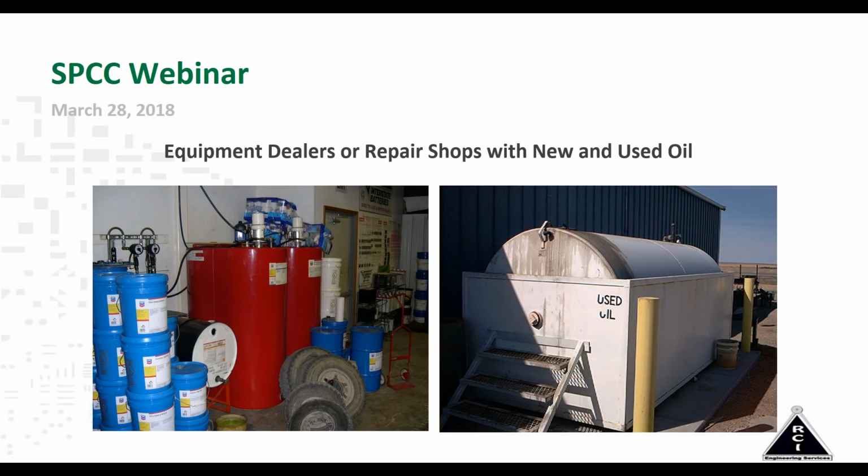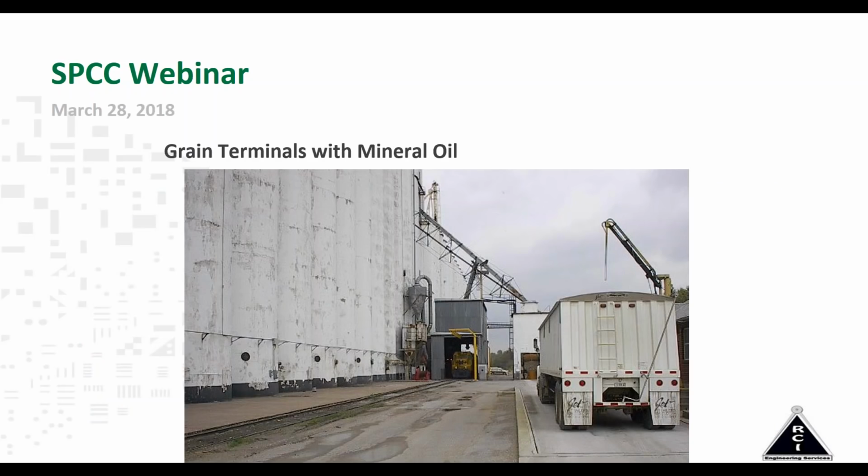Equipment dealers with a great deal of bulk lube oils or used oils on hand will be another category. We have a significant number of equipment dealers that we write SPCC plans for. Automotive as well as equipment too, could be a car dealership as well. Grain terminals with mineral oil used for dust suppression.